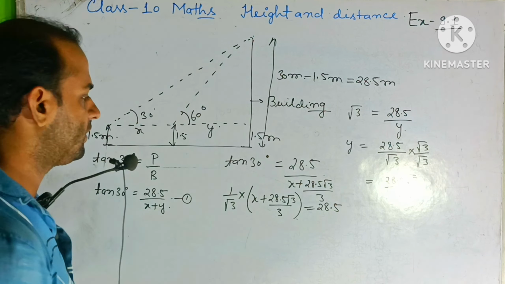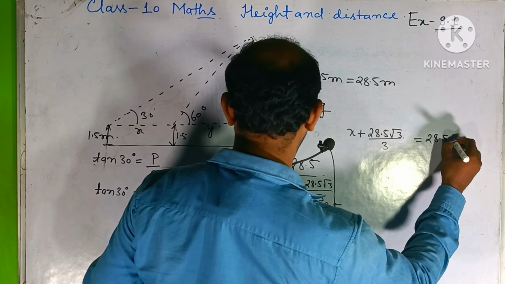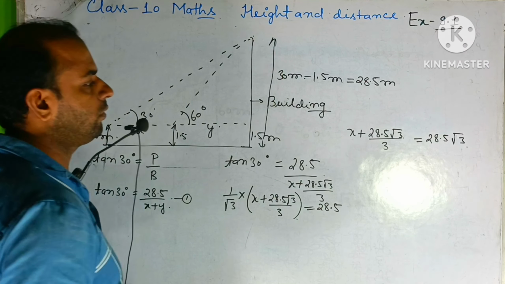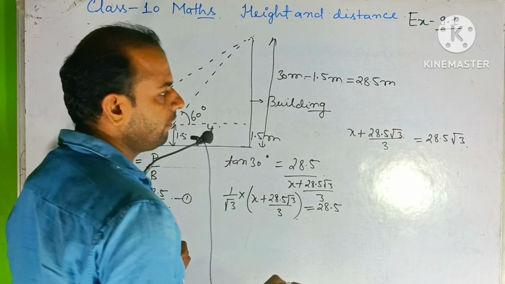So see, this root 3 will go upside and it will become like this: x plus 28.5 root 3 upon 3 is equal to 28.5 root 3. Like this you have to write. Now see what I will do.